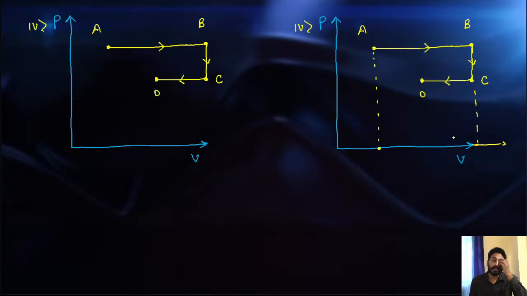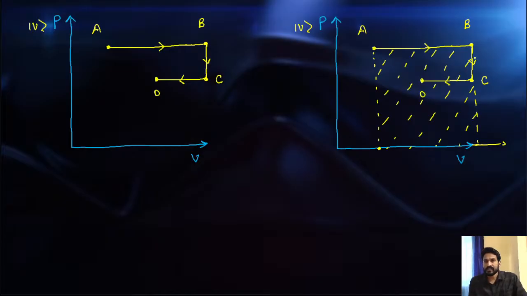The area under AB on the V axis is my work done, and this is positive work done, because overall my volume is increasing.